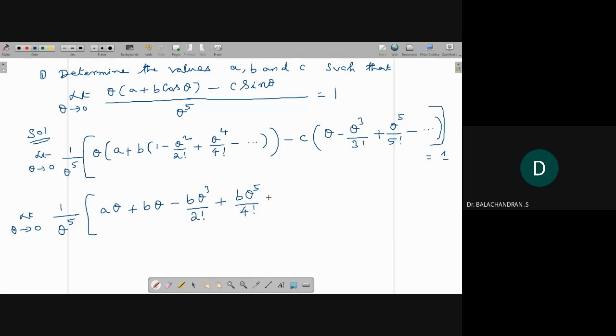The next term is minus theta power 6, and so on.